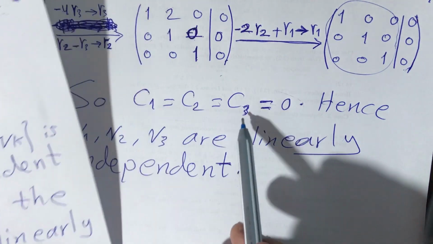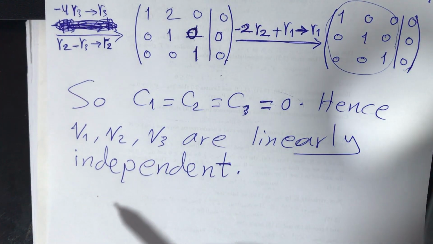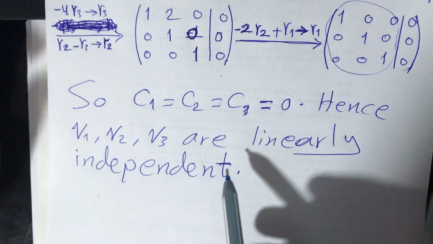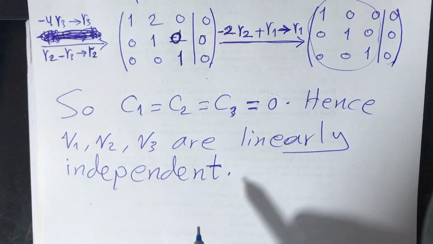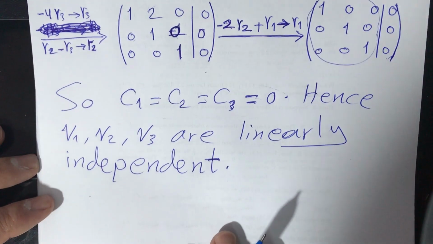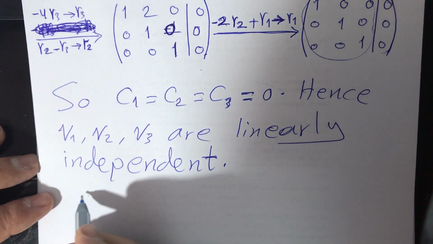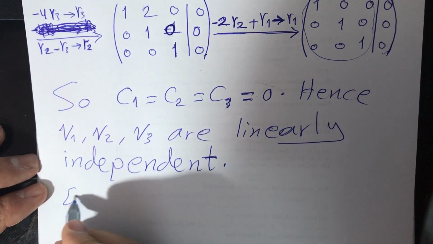Here K is 3, and now we get the vectors are linearly independent.